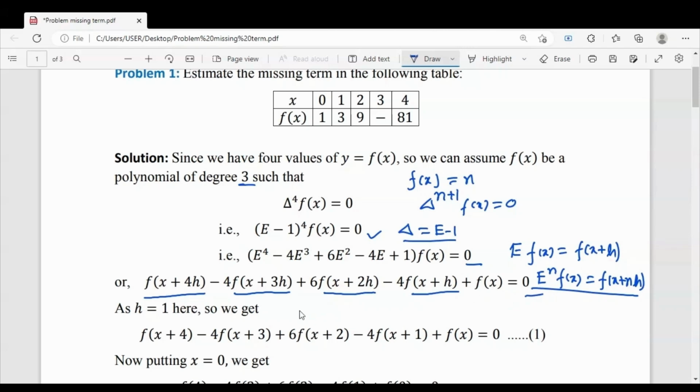For this problem, h equal to 1. So putting h equal to 1 in this relation, we get f of x plus 4 minus 4 f of x plus 3 plus 6 f of x plus 2 minus 4 f of x plus 1 plus f(x) equal to 0.